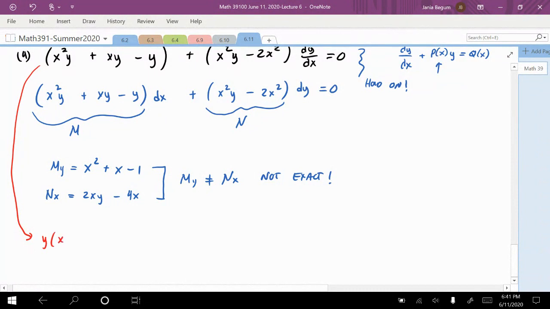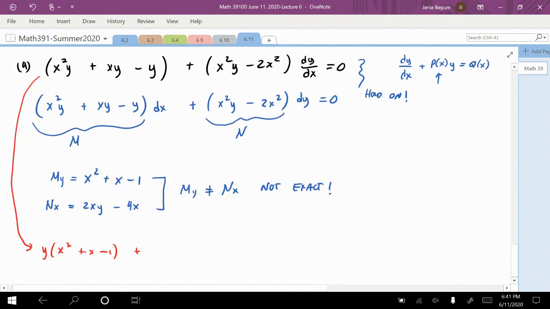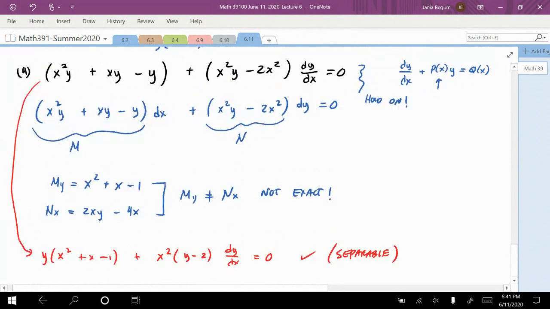So you have x squared plus x minus 1, and then for the second factor, I can take out x squared. So we have y minus 2 dy/dx is equal to 0. Yeah, check. It's separable. Thank you, Gabriel. It's separable. So it didn't happen to be exact, but I intended it to be exact, but oh well, it didn't work.